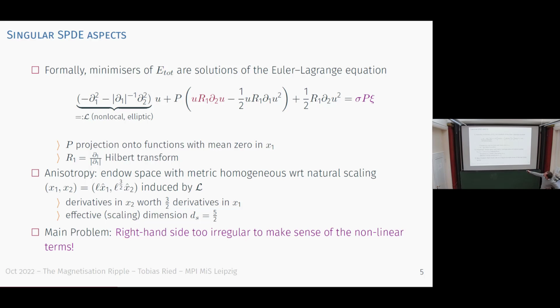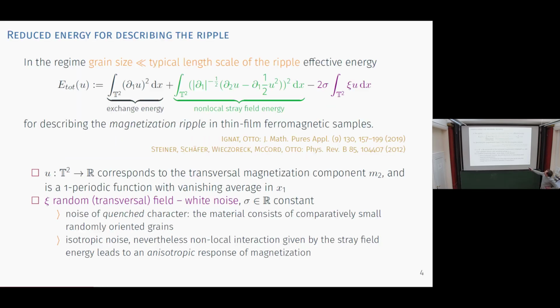So it's not hard to believe that this is the Euler-Lagrange equation, which has a non-local second-order elliptic operator as its linear part, some non-linearities, and on the right-hand side we have white noise. Well, projected white noise, because I'm working on the torus, and in order to have finite stray field energy, we have to assume that we're working with functions that have zero average in the x1 direction.